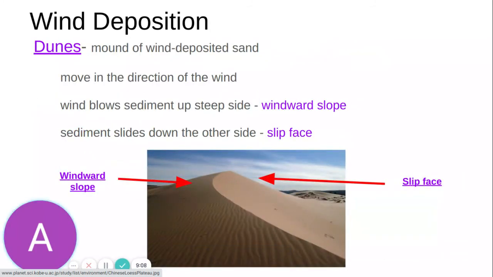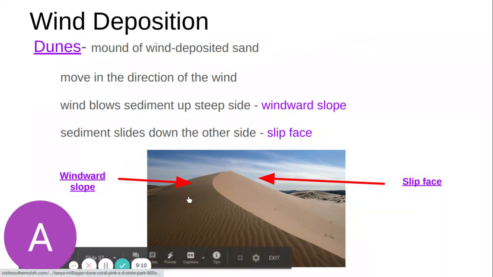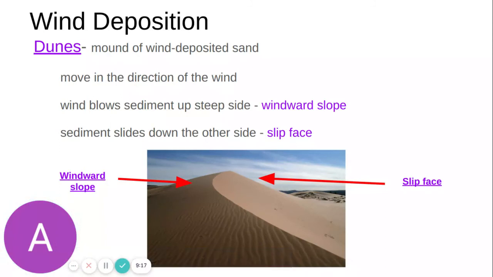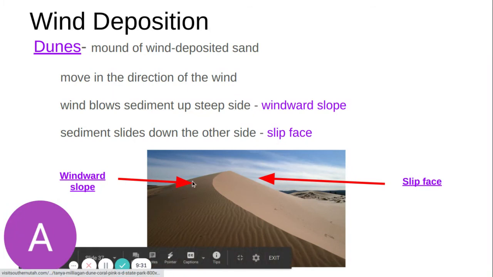And then our dunes, this is probably a very familiar image to you. Dunes are a mound of wind-deposited sand, and they move in the direction of the wind. So the wind blows the sediment up the steep side, what we call the windward slope, and then the sediment slides down the other side, which is what we call the slip face. So right here is the windward slope.